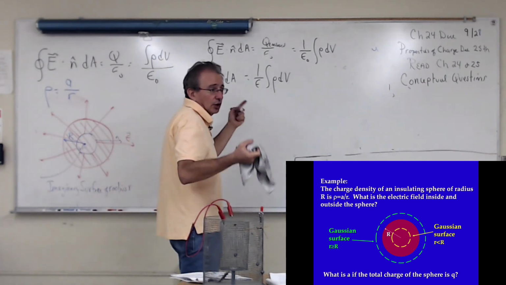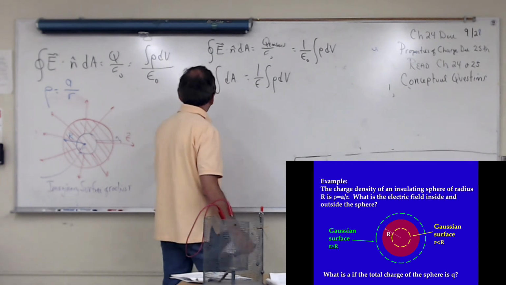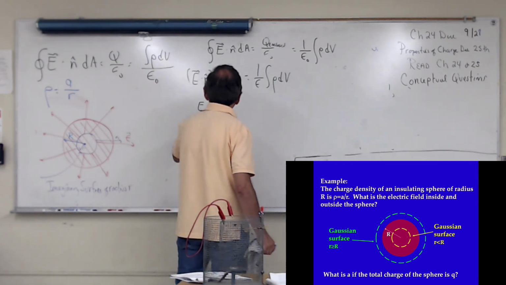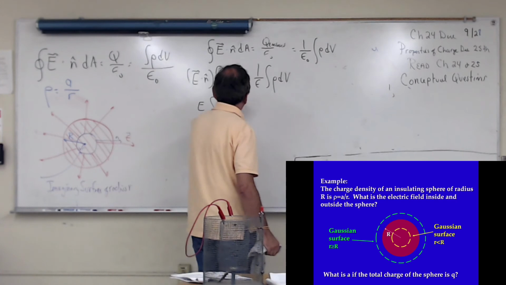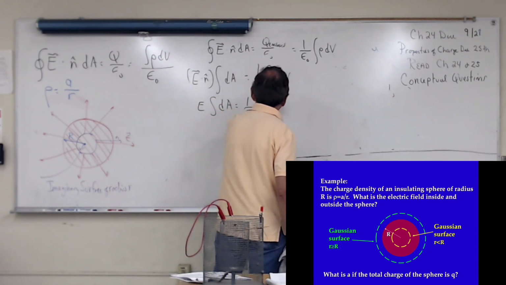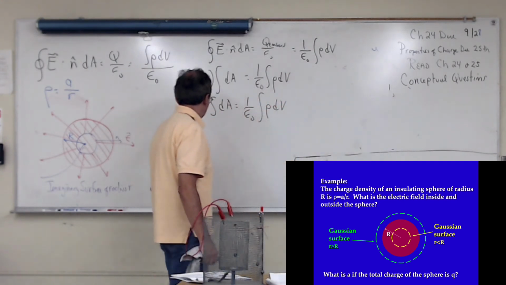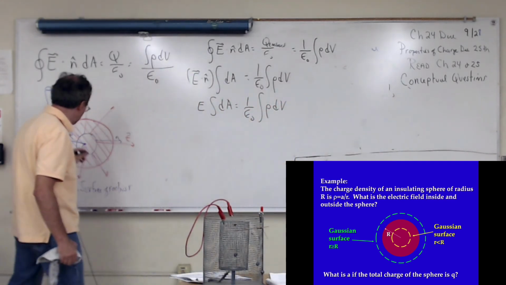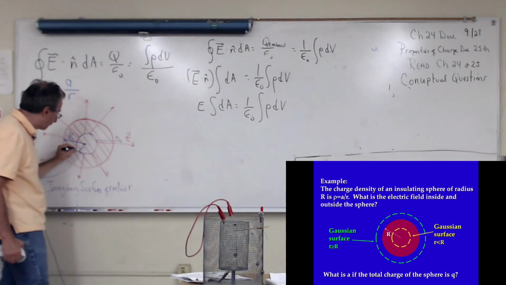N is 1. The unit vector is a vector of length 1. This is going to be the surface area of this little sphere of radius r.